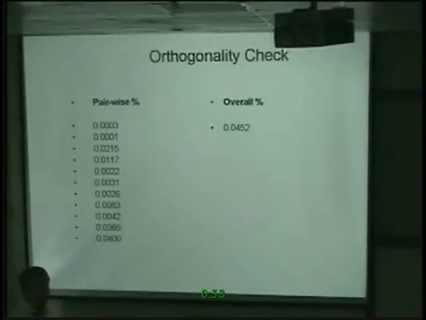All the off-diagonal components may be both positive and negative, and you add up to 4%. So this decomposition, I trust it to be good. So the orthogonality index should always be checked.